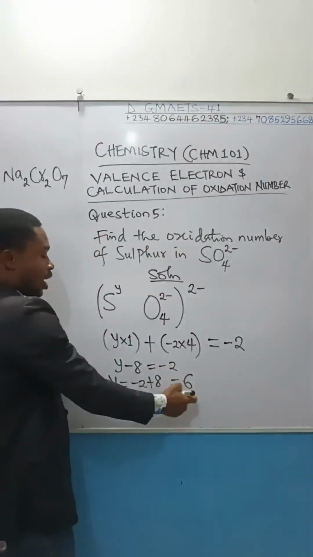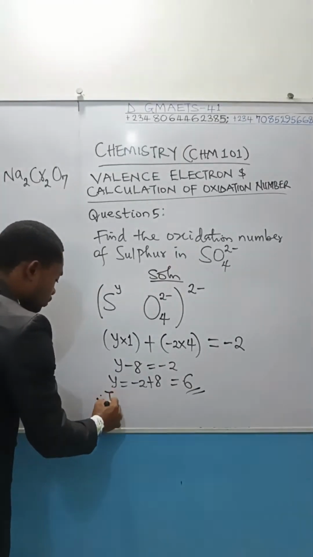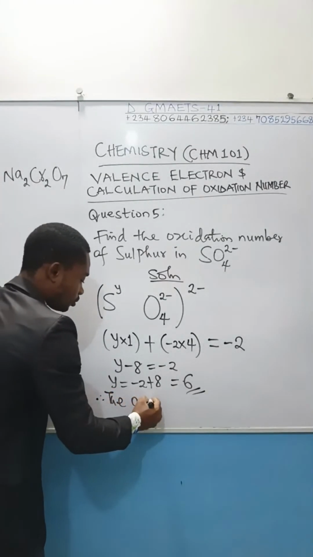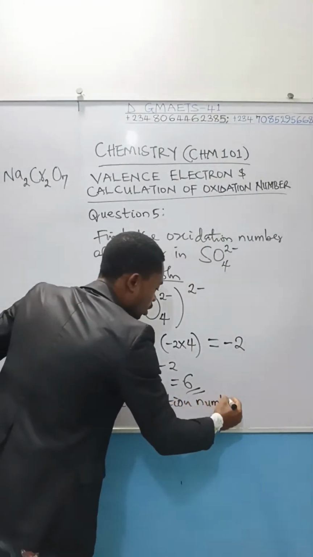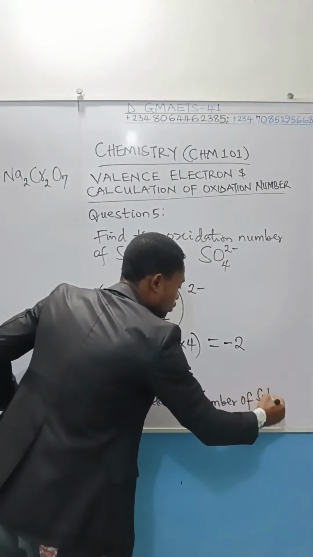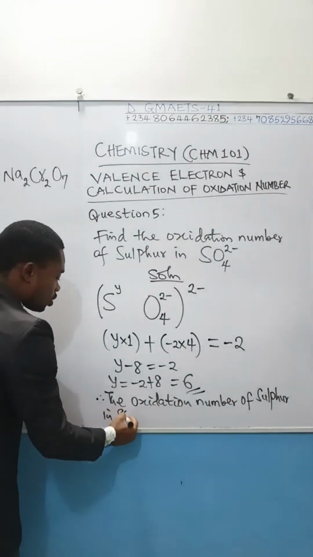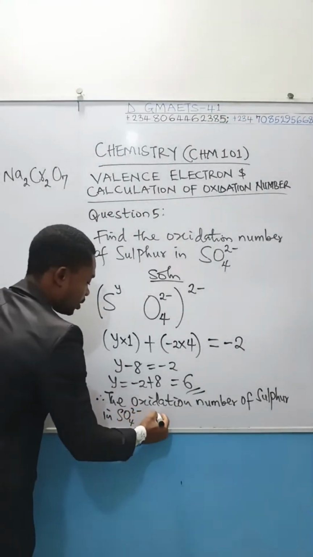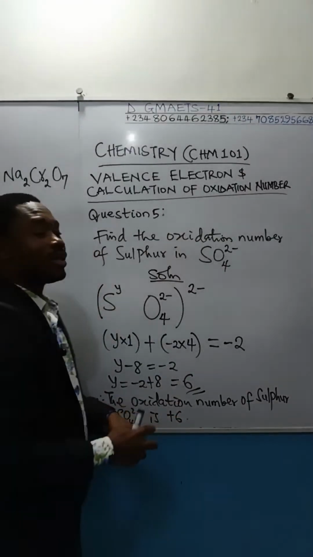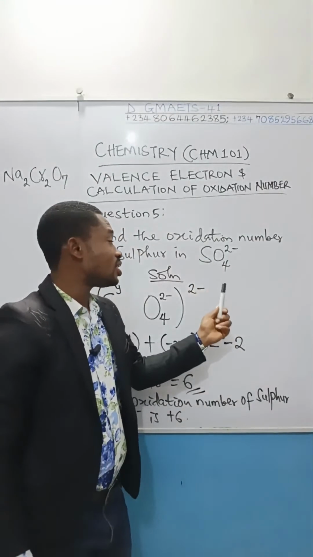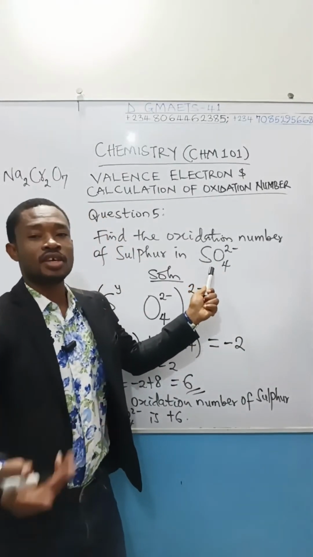So the value of y is equal to what? 6. We can now conclude, therefore, the oxidation number of sulfur in SO4 2 minus is +6. That is why in pronouncing this ion, we call it tetraoxosulfate 6 ion.